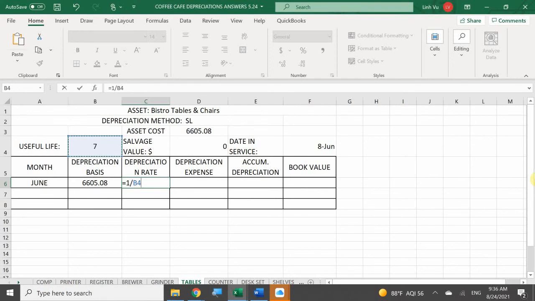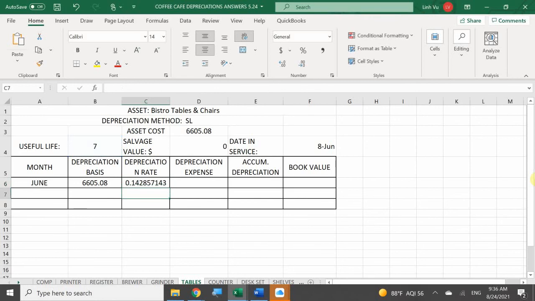What's 1 divided by 7? 0.14. Good. 0.142857. Yeah, that's correct.